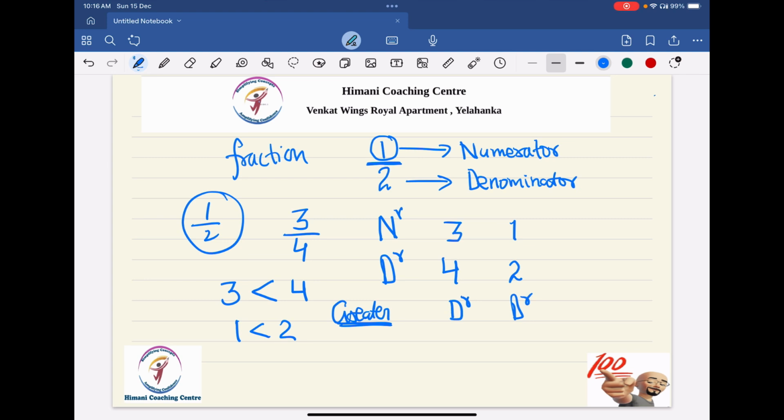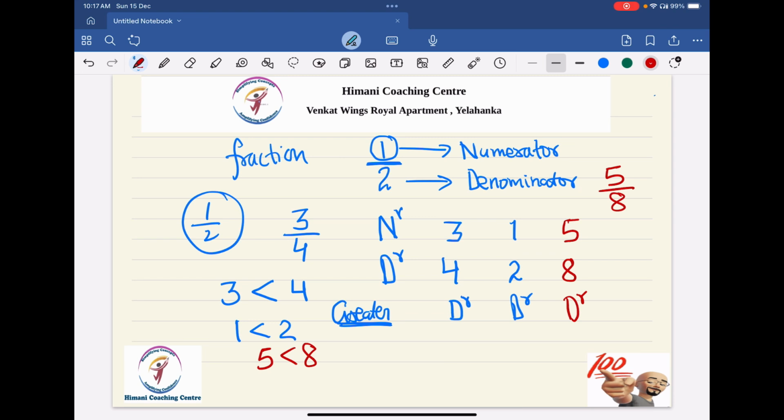Just observe this. Let us write one more fraction, 5 over 8. What is the numerator here? 5. What is the denominator here? 8. Again, we find that the denominator is greater than the numerator.